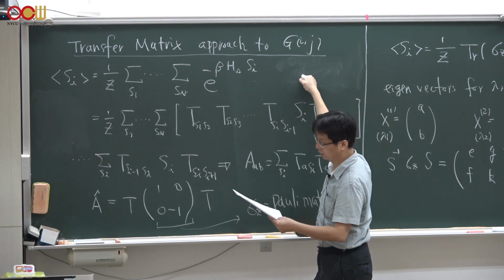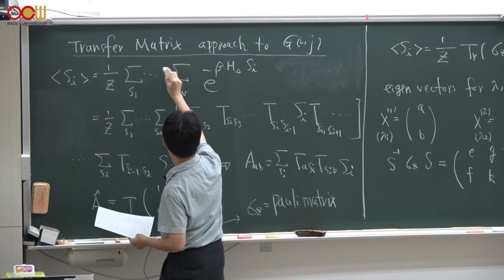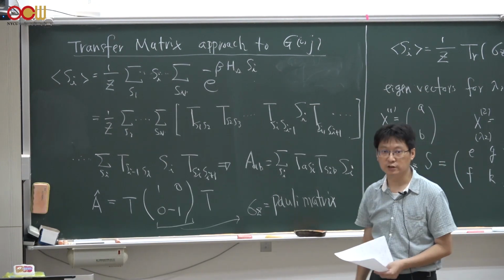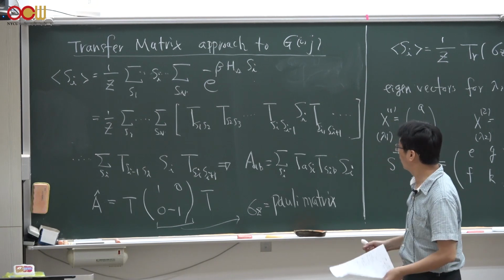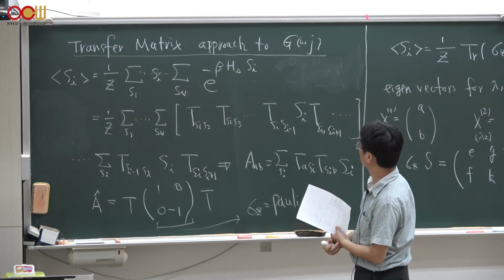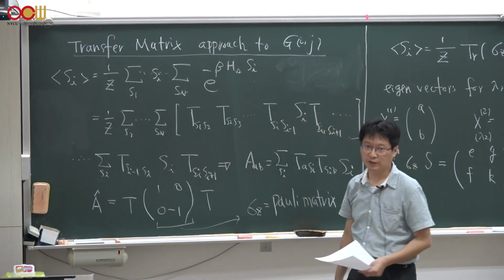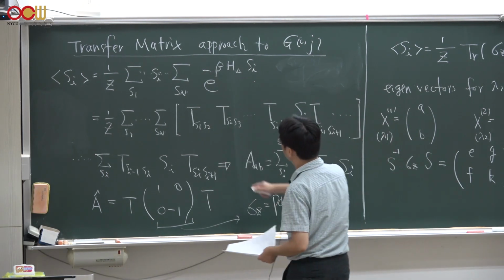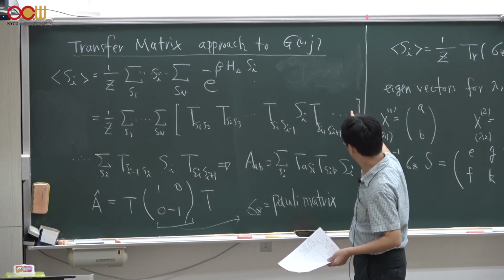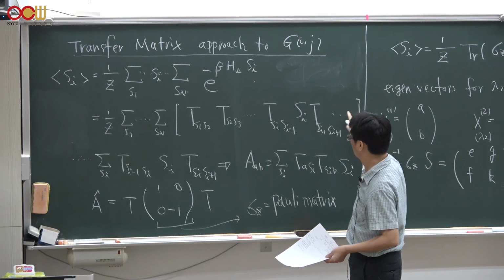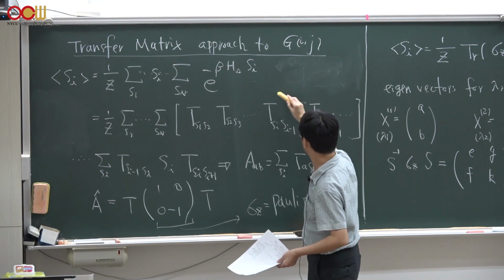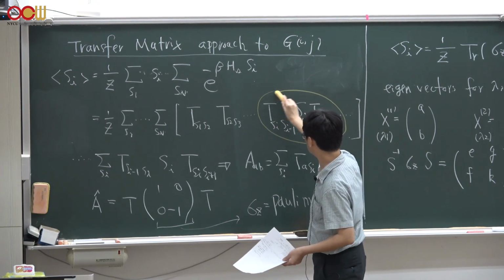You can use the transfer matrix to represent all the products inside this summation, and you get a transfer matrix product running from S1, S2, S2, S3, up to S_{n-1}, S_n. But the most important term is the term related to S_i, which is circled here.